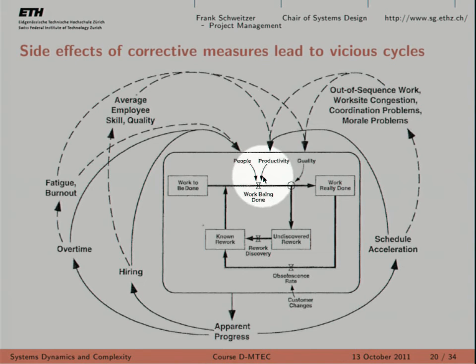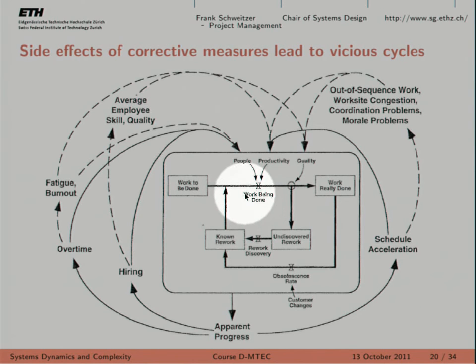Another thing that you can do as a manager, well, you can accelerate the schedule, which would hopefully increase the productivity of your people. And then again, it increases the work being done. So of course, these are just examples. In the real model, they had different things. But you see how you try to make some project management changes which bring you closer to the goal that you want to achieve. These are the negative feedback loops.